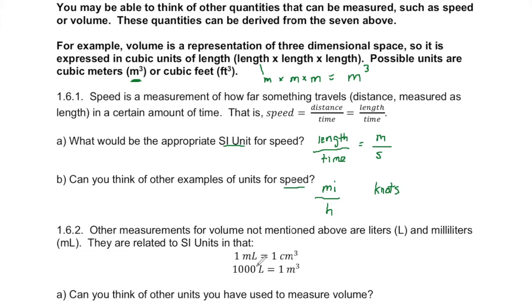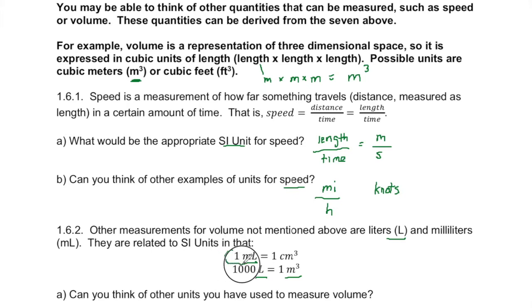For volume, another common unit that we use as opposed to meters cubed is liters. 1,000 liters is a cubic meter. That's quite large. A cubic meter is quite large. Even a liter is quite large. A lot of times we express volume in milliliters in lab because that's more manageable. Those are the kinds of volumes that you have in beakers that are a convenient size.